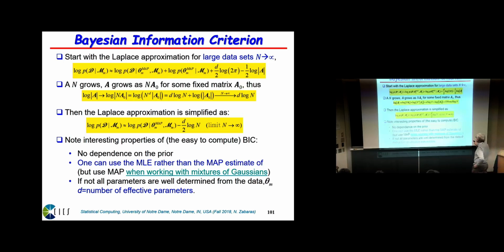You can simplify this equation, and in the limit of many, many data, the log evidence becomes the log evidence for parameters fixed at the MAP estimate, minus the number of parameters divided by 2 times log of n. This term is fundamental to controlling complex models: if you maximize this, you maximize the likelihood term, but the minus sign keeps the complexity of the model low as well.